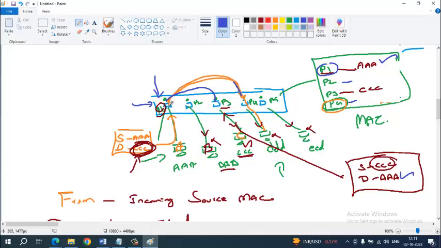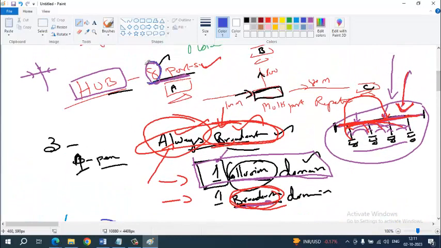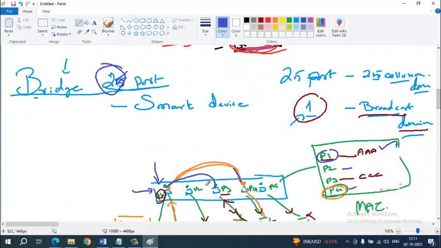That is why in a bridge you can have up to 25 devices, whereas a hub is only 8 ports. Because it cannot handle. But this can handle because there is a broadcast domain and a separate collision domain for each port. There is no collision at all. As a result, the processors are free, having enough resources to handle more traffic.